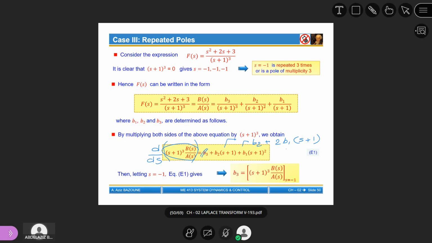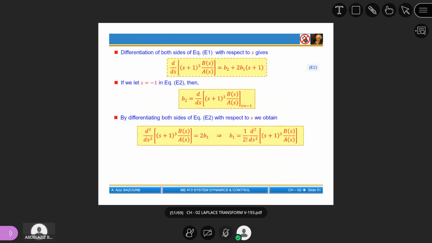If you substitute s is equal to minus 1 in the right-hand side, this term will disappear, and you will find b2 will be equal to d over ds of this expression, which is in the next slide here. This is what we found. When we differentiate it, we found b2 plus 2 b1 (s plus 1). Take s is equal to minus 1, and you will find b2. This is the expression of b2.